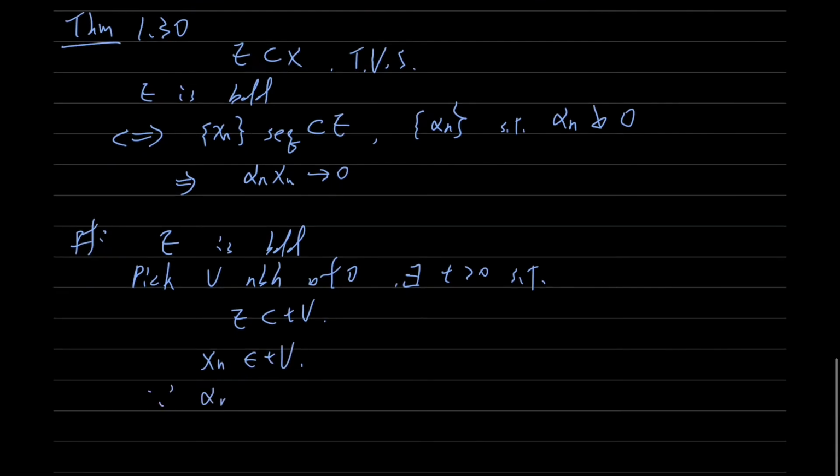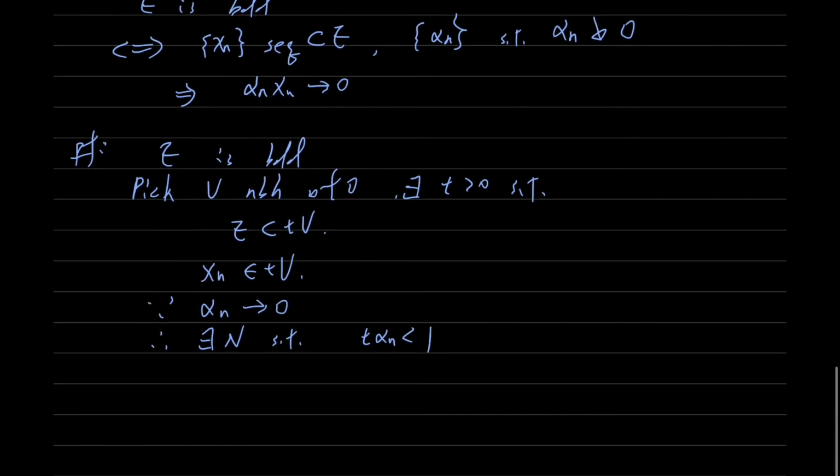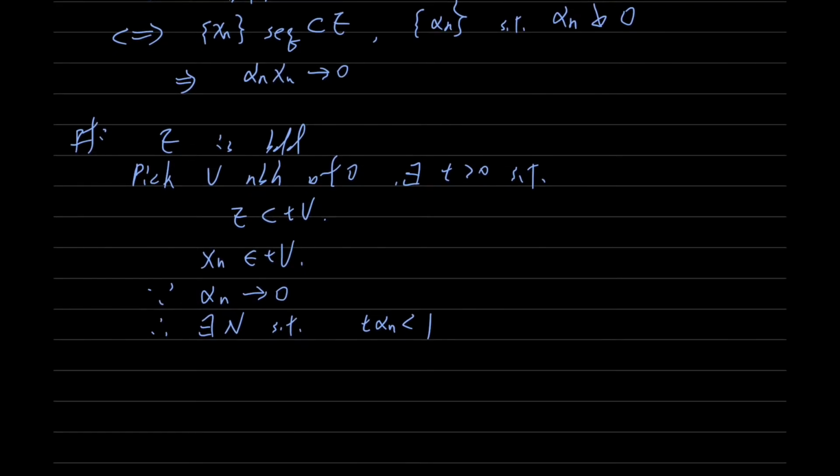Now because alpha n converges to 0, we can find, say, N such that alpha n times t is smaller than 1, for every n larger than N. So this implies that alpha n xn will lie inside alpha n times tV.